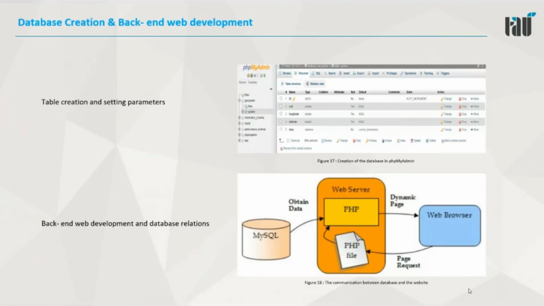For creating the database, XAMPP was used, and a table was created with the needed parameters. In addition, with the back-end development, the connection between the database and the website for accessing the parameters was created with the PHP language.